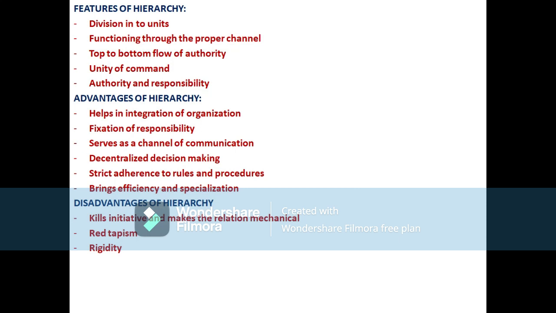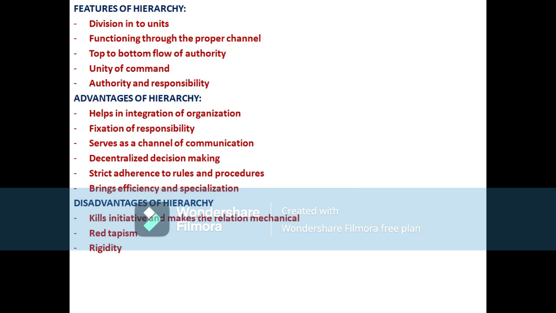Next, decentralized decision making. In a hierarchy system, decentralized decision making means whenever top management has delegated some authority to the middle level management, the functional heads can have decision making to a limited extent, departmentwise. Up to their department, they can make certain decisions regarding their department.